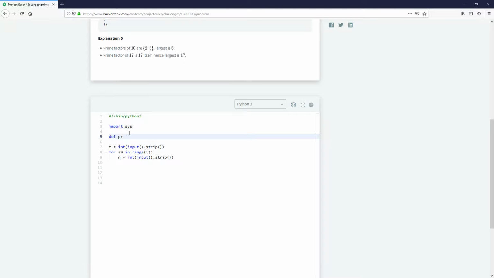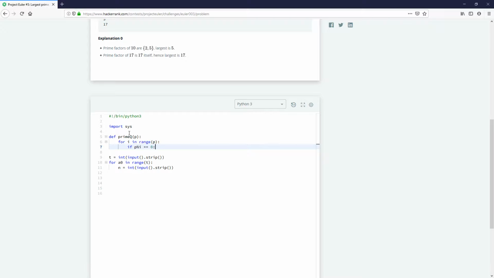So let's go ahead and define a primality check for some number p. And what we're going to do is, again, just the dumbest thing; we'll optimize this a little bit. For i in range p, we check if p mod i is equal to 0.